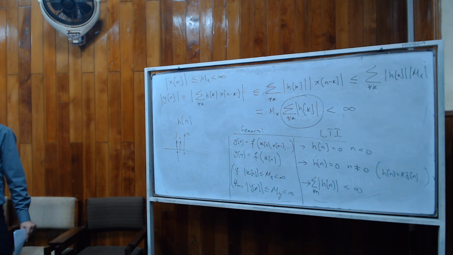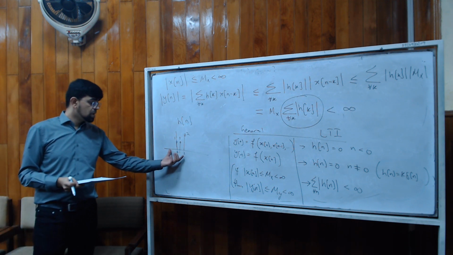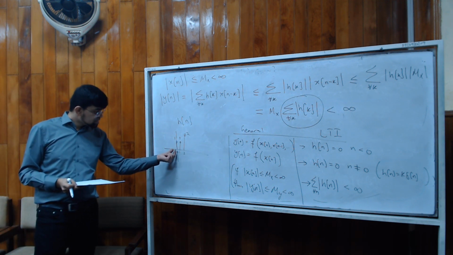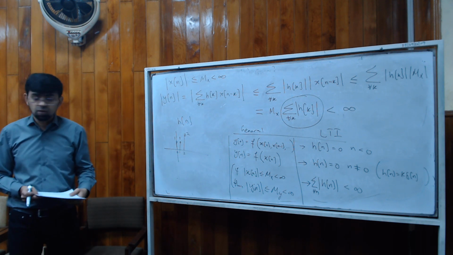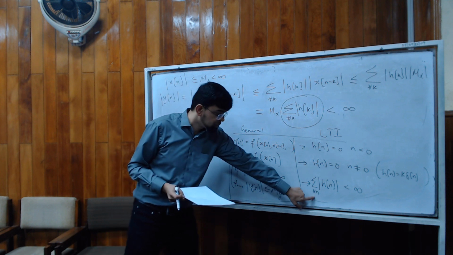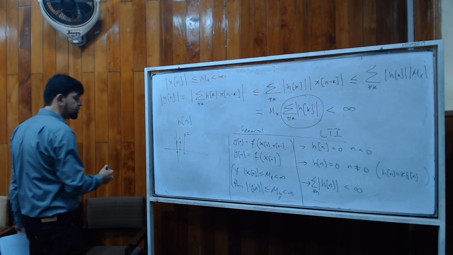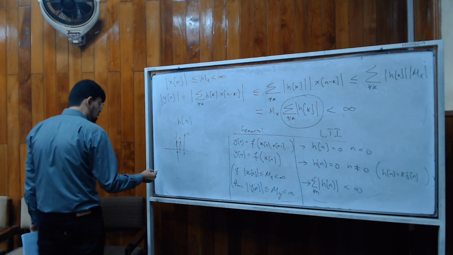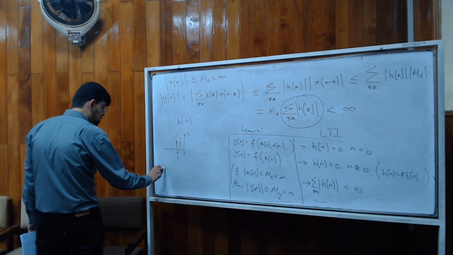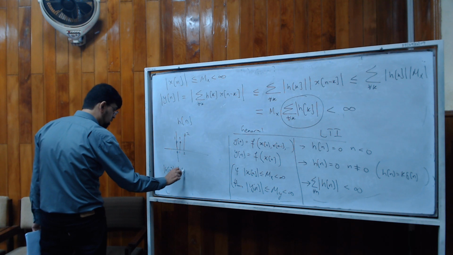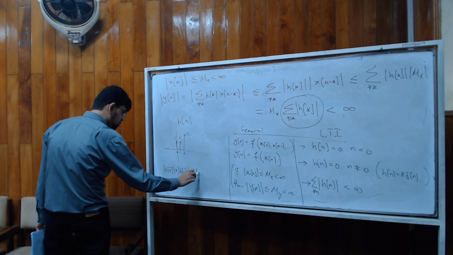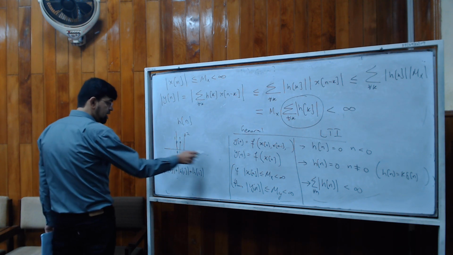Just looking at the impulse response of the LTI system, all you need to check is whether the sum of the absolute values is finite or not. You don't need to do it, but just for our interest, we say h[0] absolute plus h[1] absolute plus h[2] absolute. The rest are already 0.